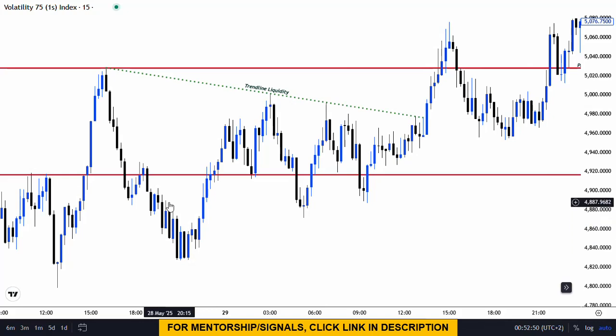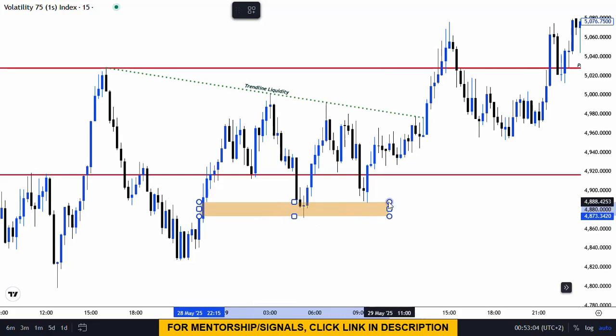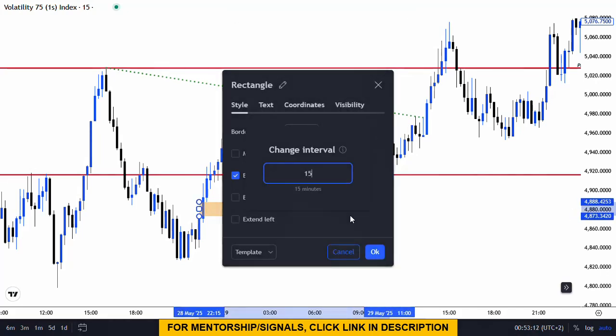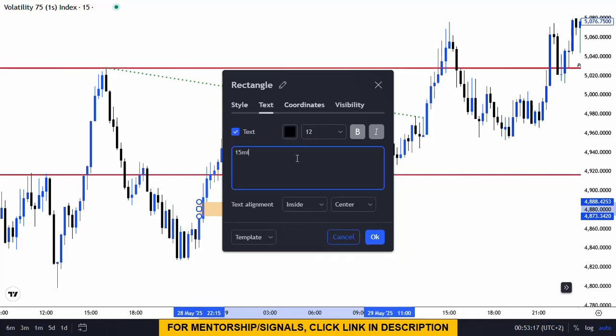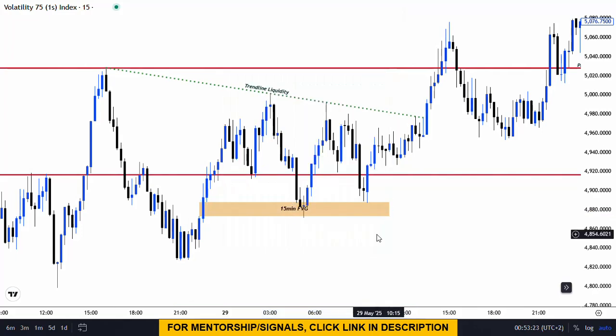The other thing that you have is a hidden POI, this single candle order block here. So we have this 15 minute fair value gap, that's one, and then you also have this hidden POI right here.